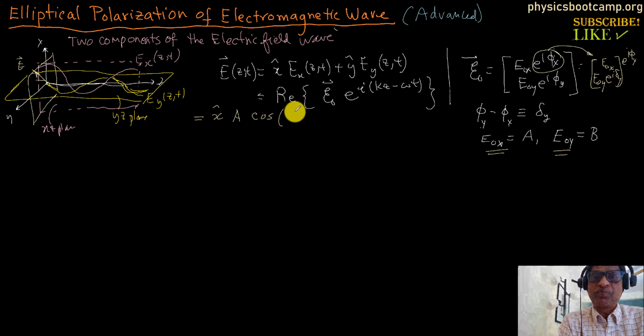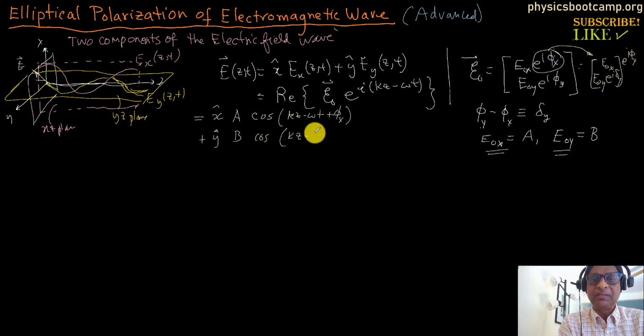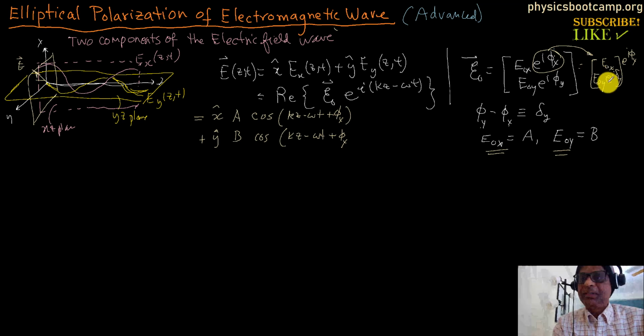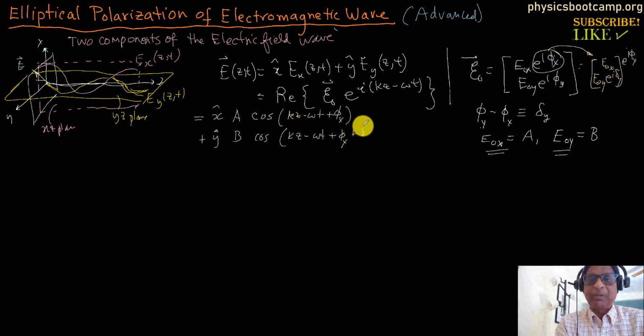So it's going to be cosine kz minus omega t plus phi x. That's just going to be something like that. But the y hat will be B cosine kz minus omega t plus phi x plus delta y, right? Plus delta y. So that's the total electric field. And so Ex is this, and let's call this theta.